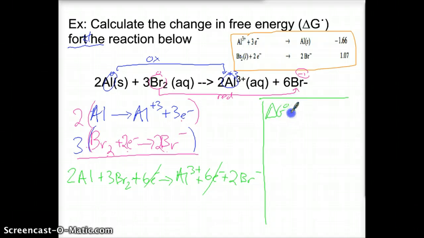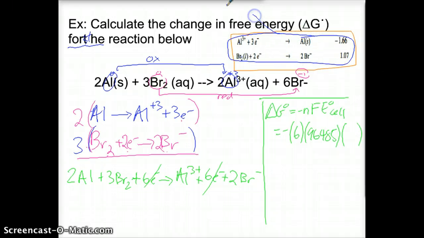Delta G naught equals negative nF E naught of my cell. So I'm going to plug in negative 6 times Faraday, 96485, times the E naught of the cell. Oh, I haven't calculated that out yet. Got to use this information. E naught of the cell is going to be what's getting reduced plus what's getting oxidized. So what was getting reduced?